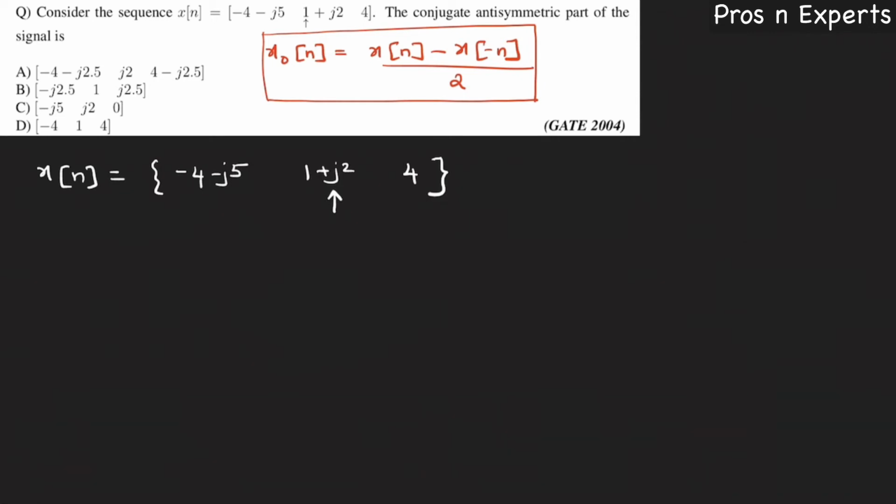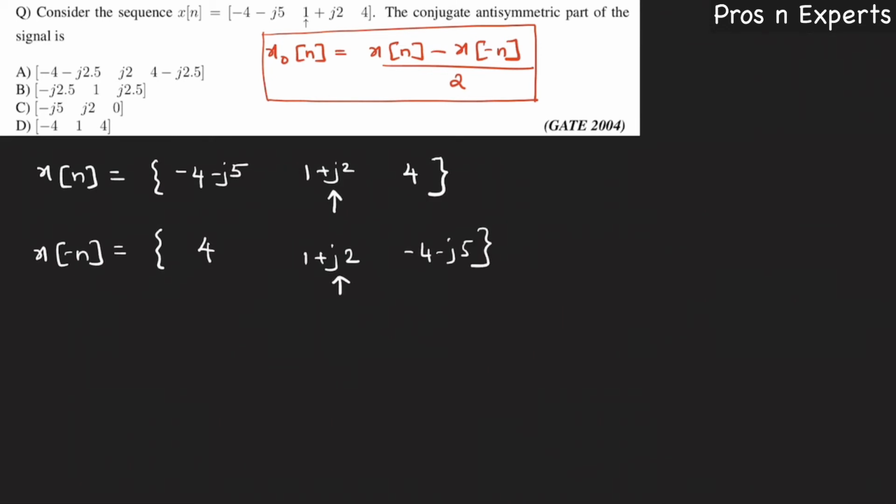Now we got x of n here. The next step should be x of minus n. X of minus n: the sample at origin remains there, and the other samples just flip. So 4 comes here, and minus 4 minus j5 comes here.